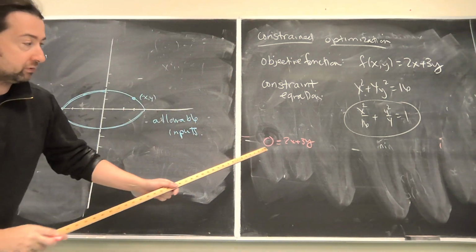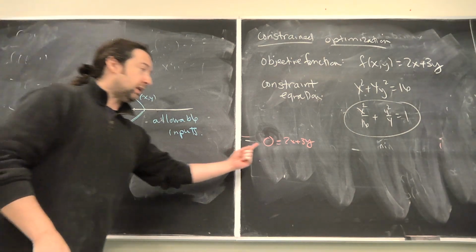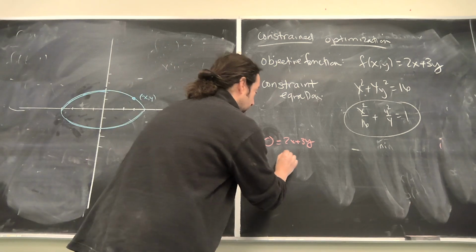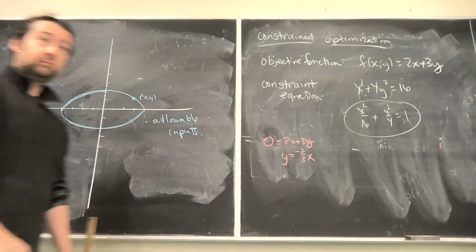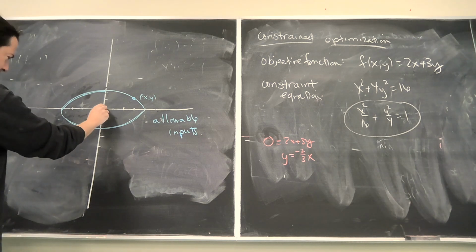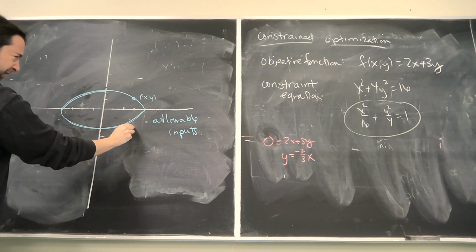So what I've done is I've restricted this to a level curve of it. Can I achieve the value of 0? Sure. Anywhere y is equal to minus 2/3 x. Right? So if I go minus 2/3, that would be over 3 and then down 2, I think. Is that right?